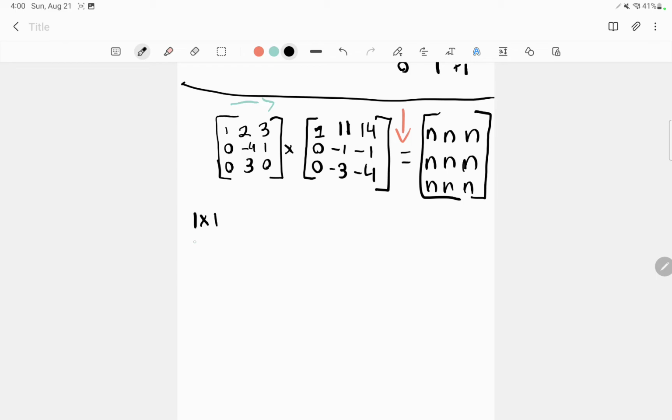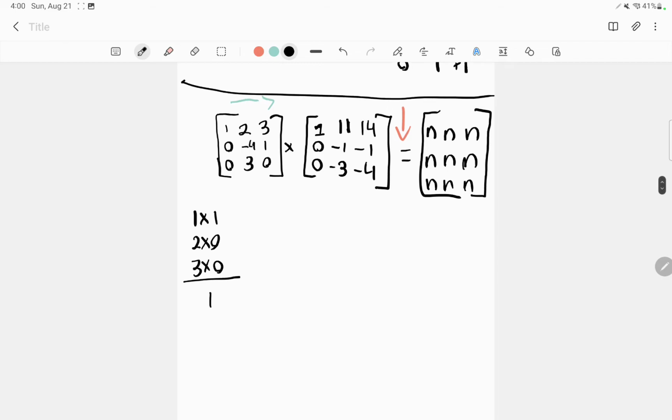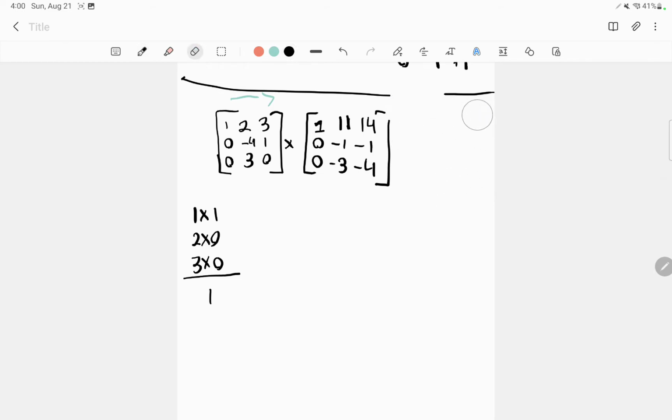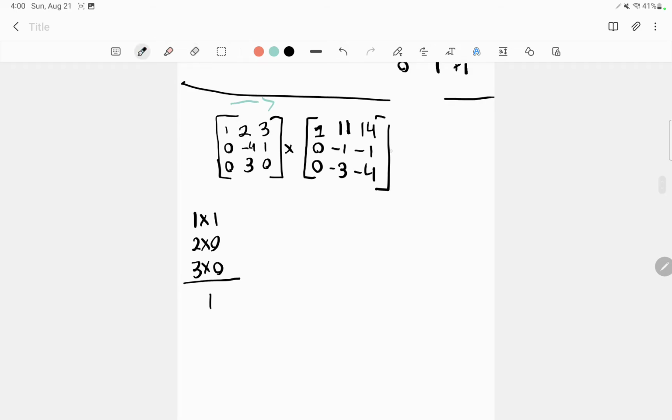For the second one, it's going to be 2 times 0. And then 3 times 0. What do I get? I get 1. So my first number, let me make more space over here on this side. First number is 1.